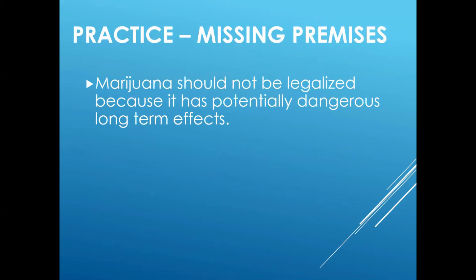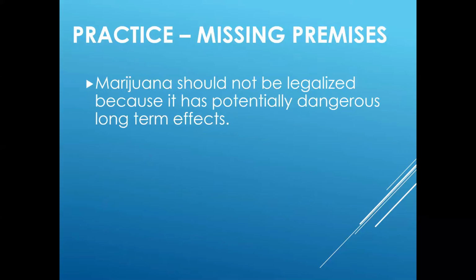So here are some examples that we can practice on. Suppose we had this argument: marijuana should not be legalized because it has potentially dangerous long-term effects. We see that word because is serving its indicator role. We have the first statement, that's the point that the person wants you to believe. We have because, and so we have the premise supporting that first statement.